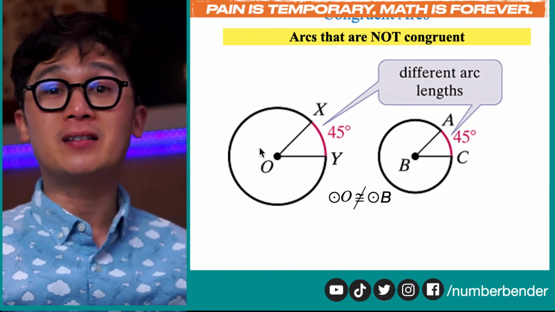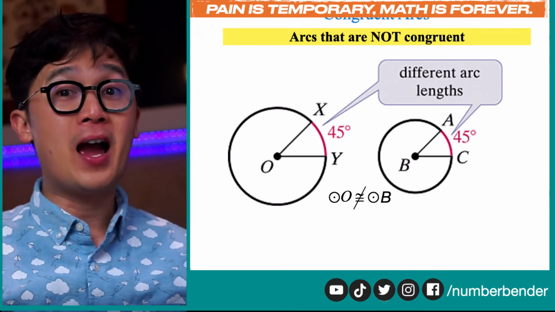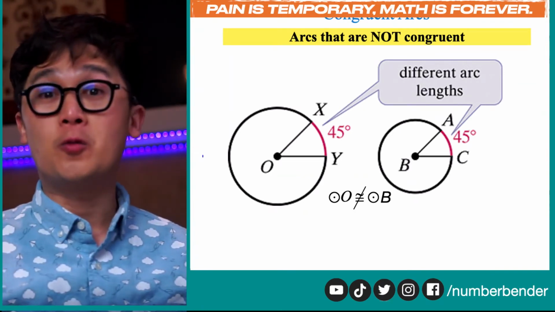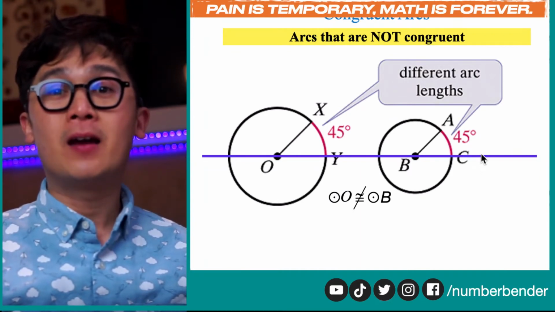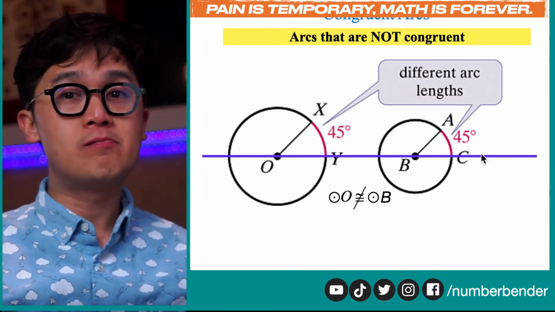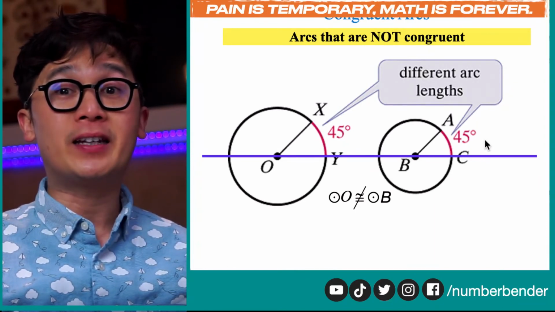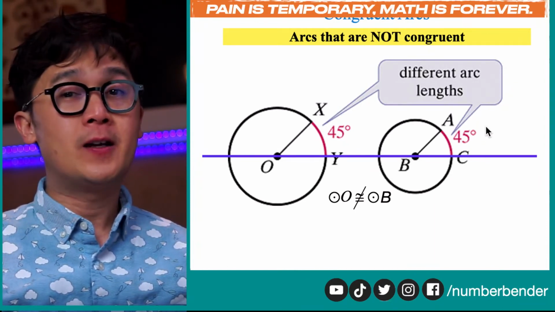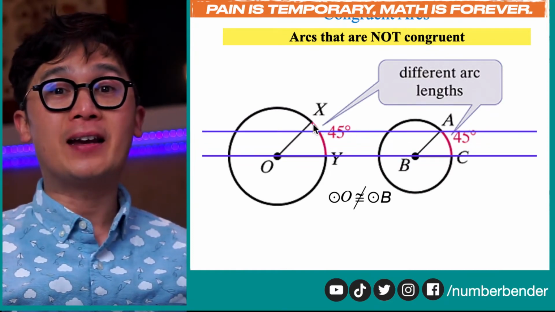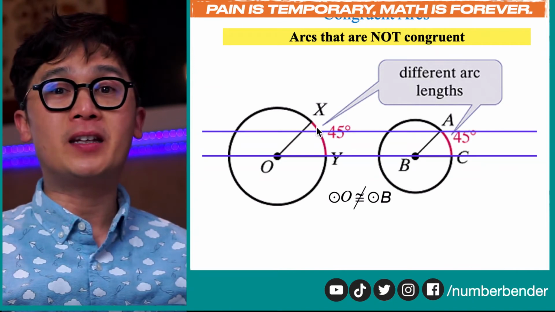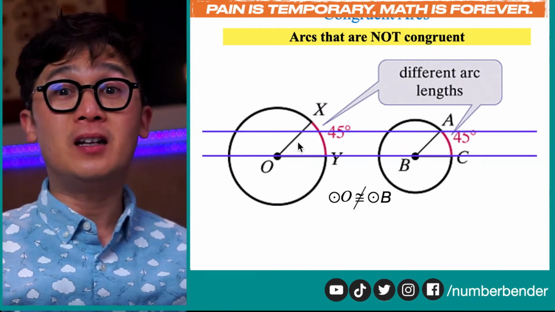So if we connect center O and center B and draw a line that passes through O and B, and let's produce another line that is parallel to this line right above arc AC, we will notice that there's still a little bit of space right here that's not covered by our parallel line.